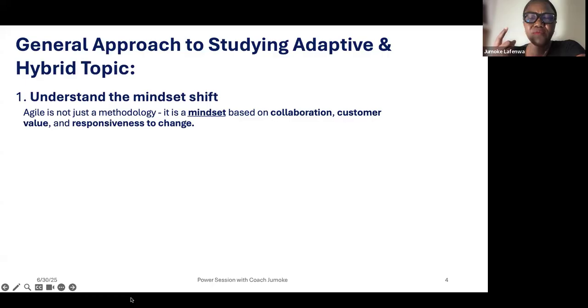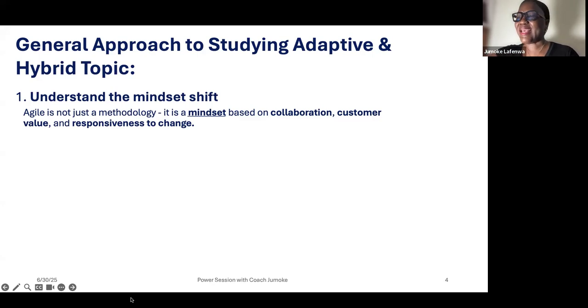And the collaboration part is the team, the product owner, and the customer working together.